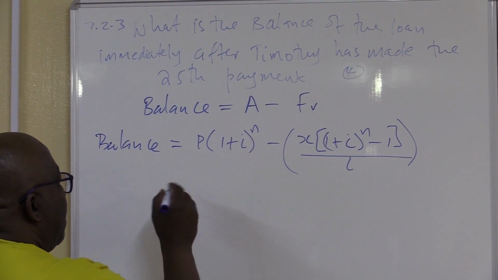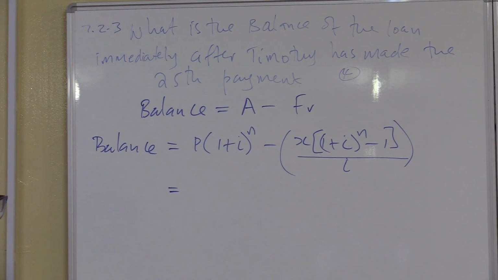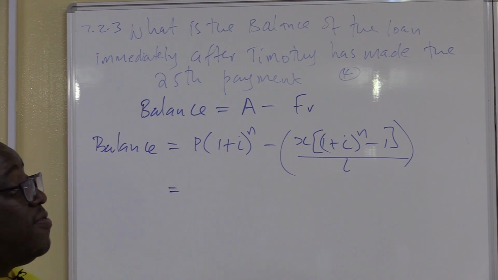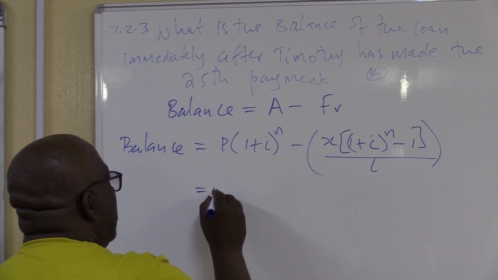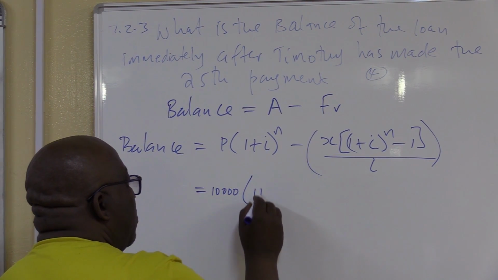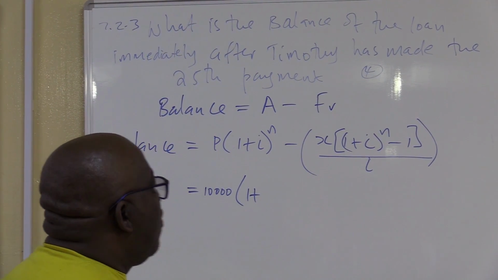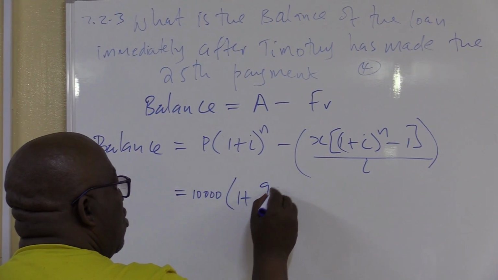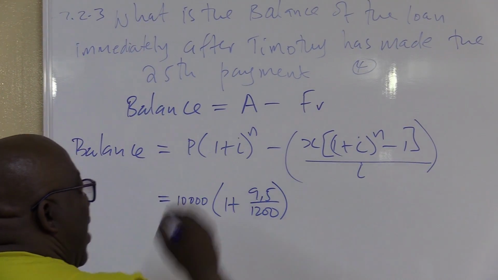Let's go on. Do I know how much I owe originally? The furniture was worth 10,000 rand. So the P in this particular case is 10,000, into 1 plus, do I know the interest rate? Yes, it is 9.5 over 1,200, raised to the power n.